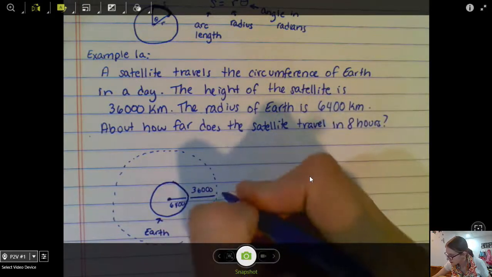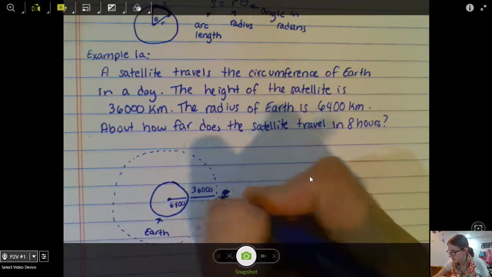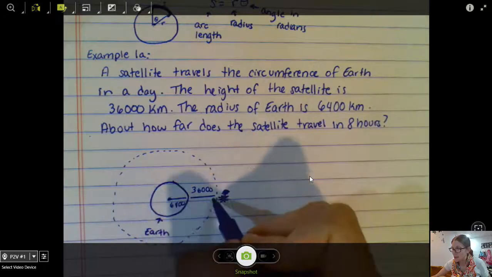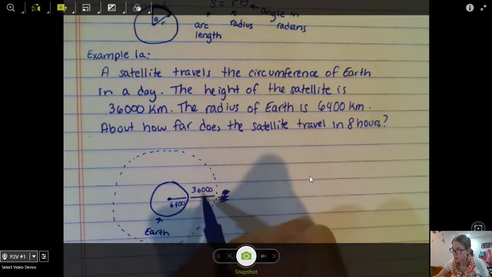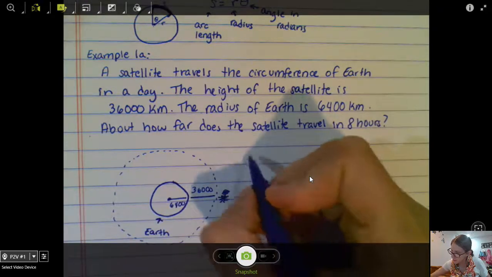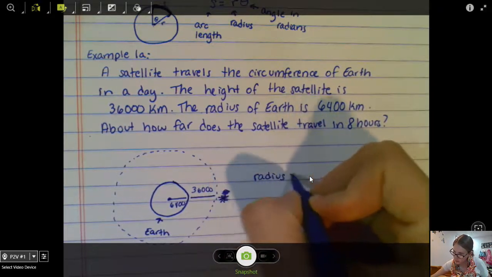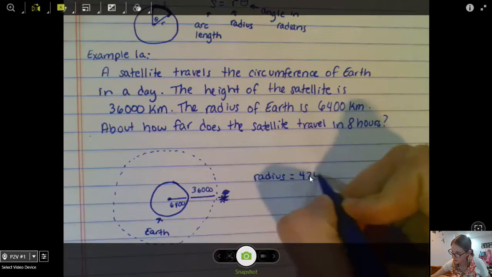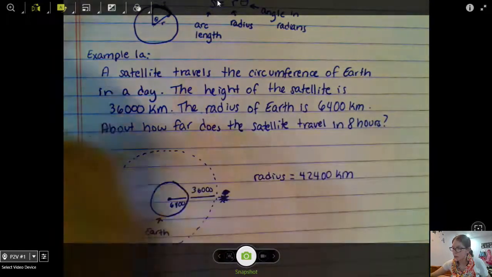So all together, I don't know, we'll pretend that's a satellite. So if this is the orbit of the satellite, the whole radius here is 36,000 plus 6,400. And that ends up being 42,400 kilometers.